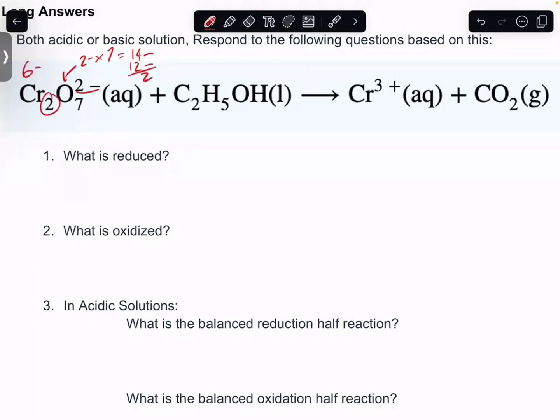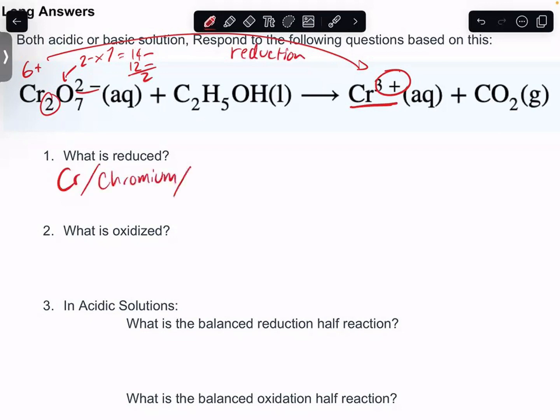So each Cr is 6 plus oxidation state. It ends up at 3 plus oxidation state. That is our reduction. So you have 3 answers. You can say Cr, chromium, or my personal favorite, just write the compound, Cr2O7 2 minus.